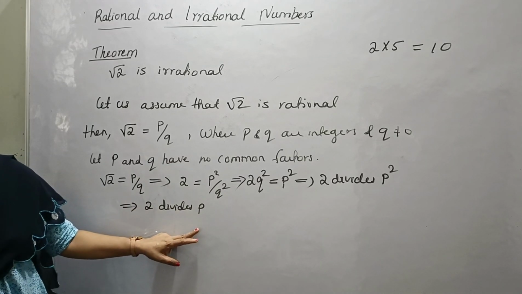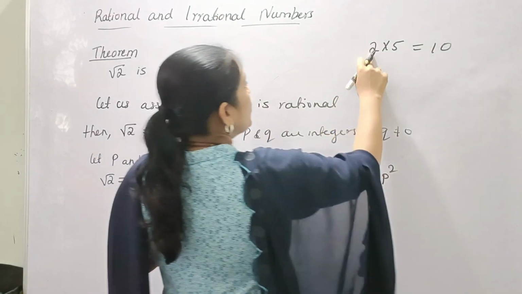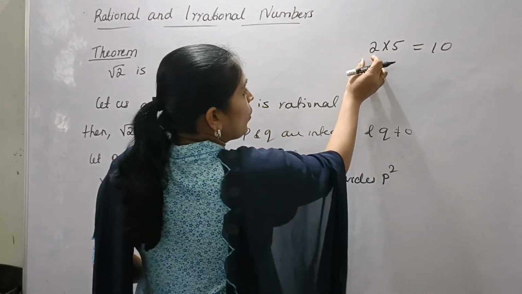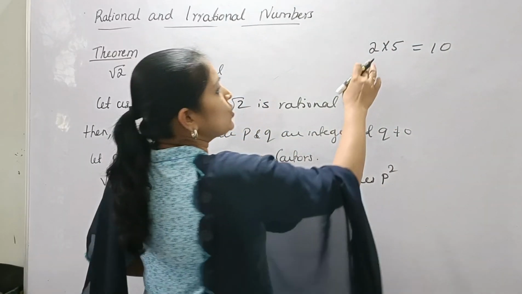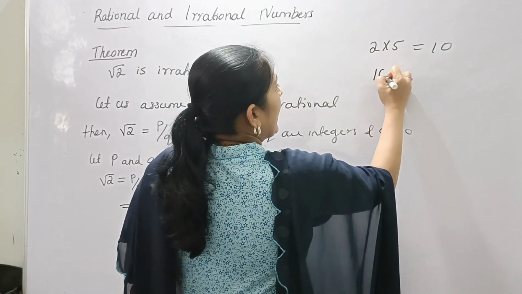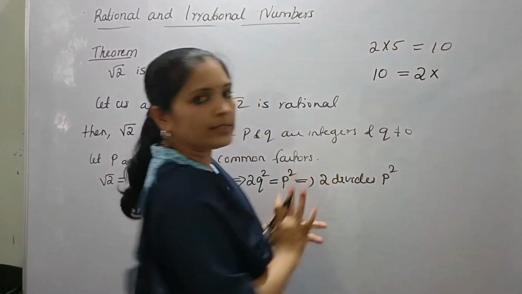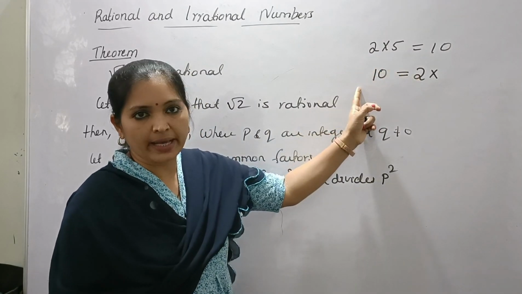So now, 2 is a factor of 10, right? This 10 can be written as 2 into any integer, because 2 divides 10.